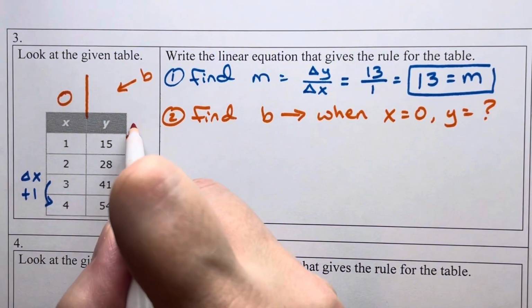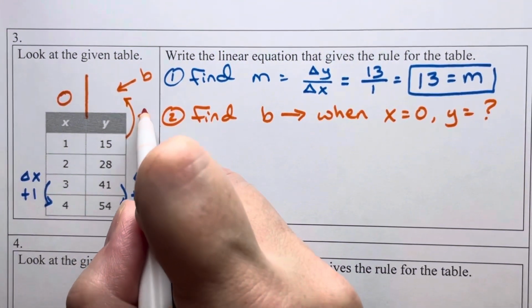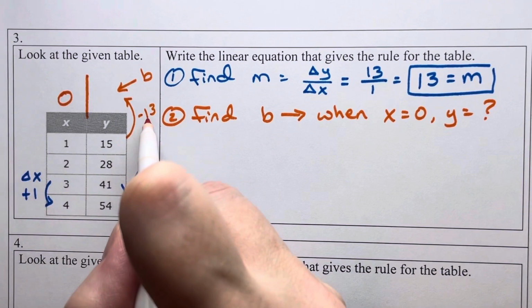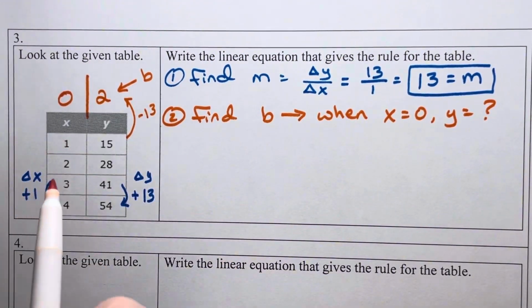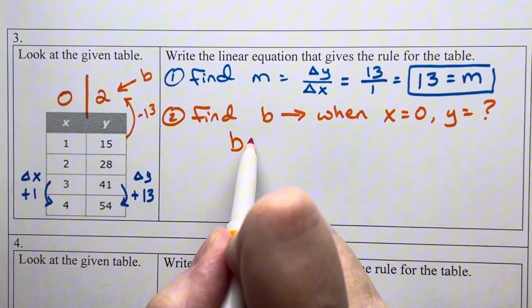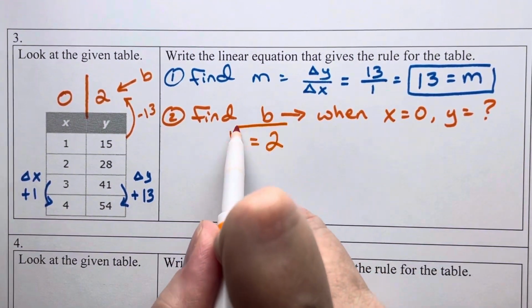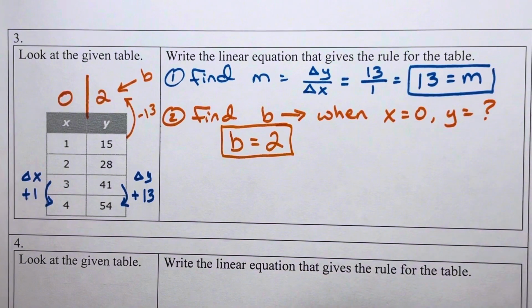So we continue that pattern of walking backwards. 15 minus 13 gives us 2. As a result, our y-intercept of b is equal to 2.